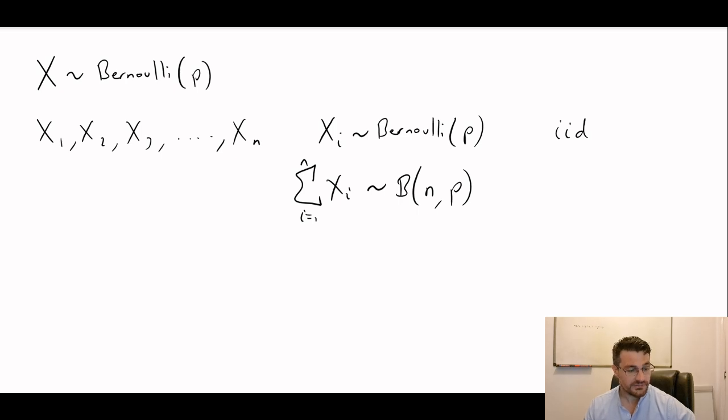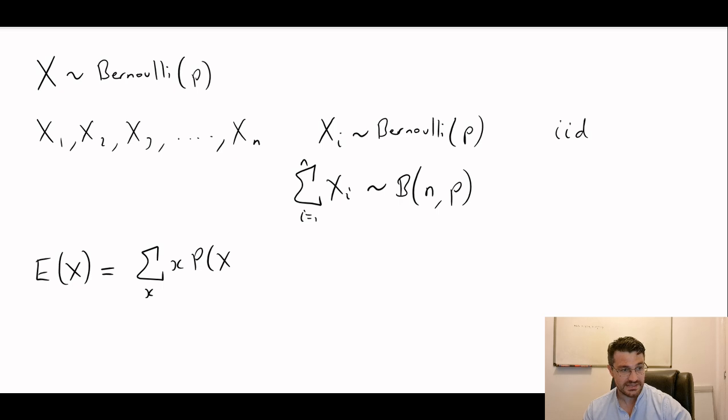Okay, we can also figure out, again, if x is distributed as a Bernoulli with parameter p, the expectation of x, in other words, the mean. The expectation of x is equal to, and I might as well do the calculation, the sum over the possible outcomes x of x times the probability that X is equal to x.